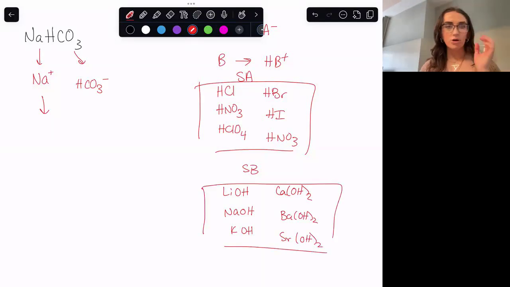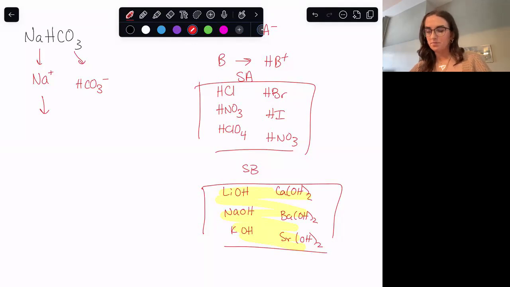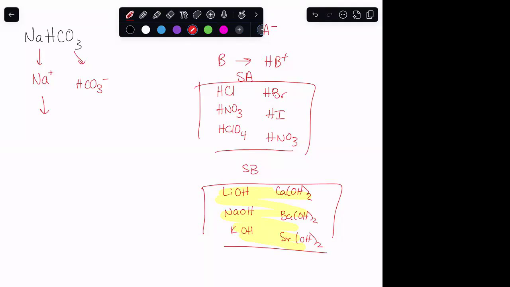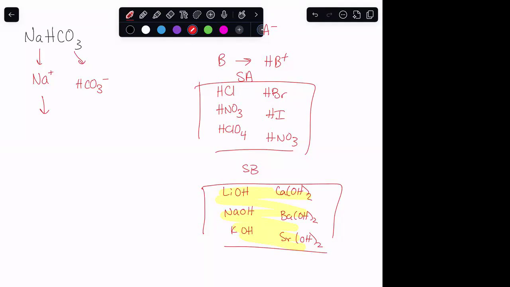Okay, so what's important to know about these is that if you see a cation from any of these bases, then you know that the base that it came from is one of these strong bases. So does sodium come from one of our 6 strong bases? There's NaOH, and that counts.